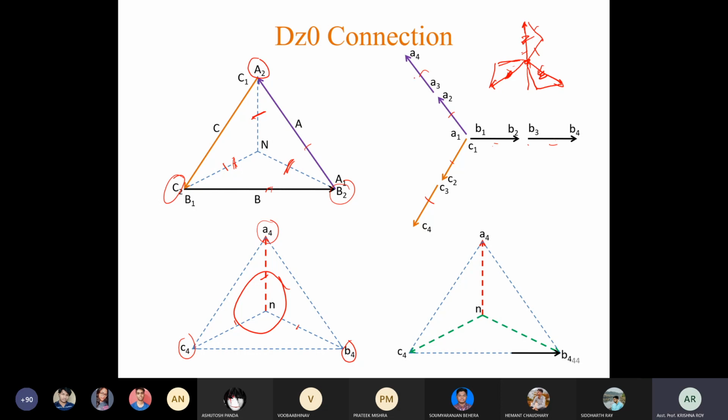We can shift this phasor in this position so that this A4 remains fixed, so that is also parallel shifting, and C4. Okay, this is also parallel shifting. Okay, up to this it is clear?